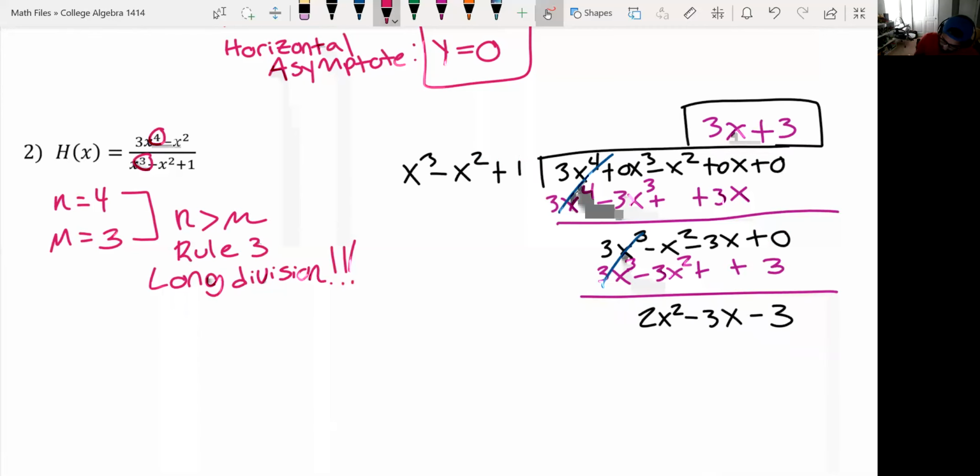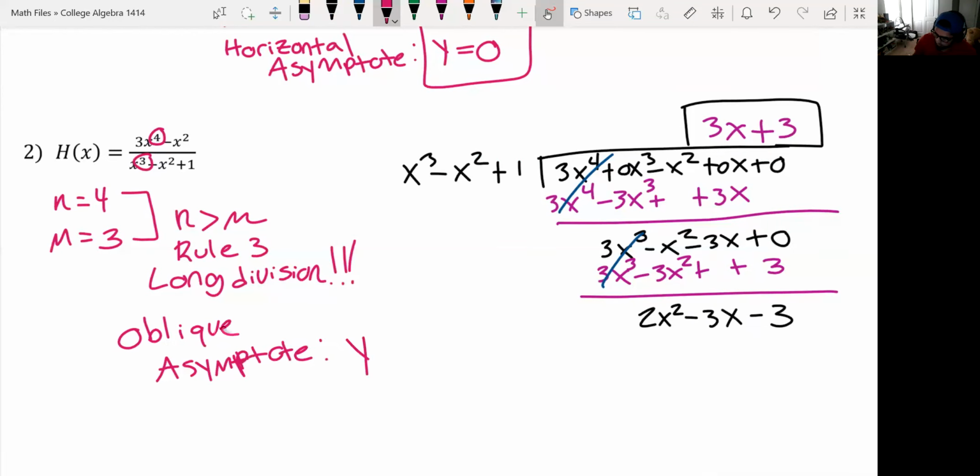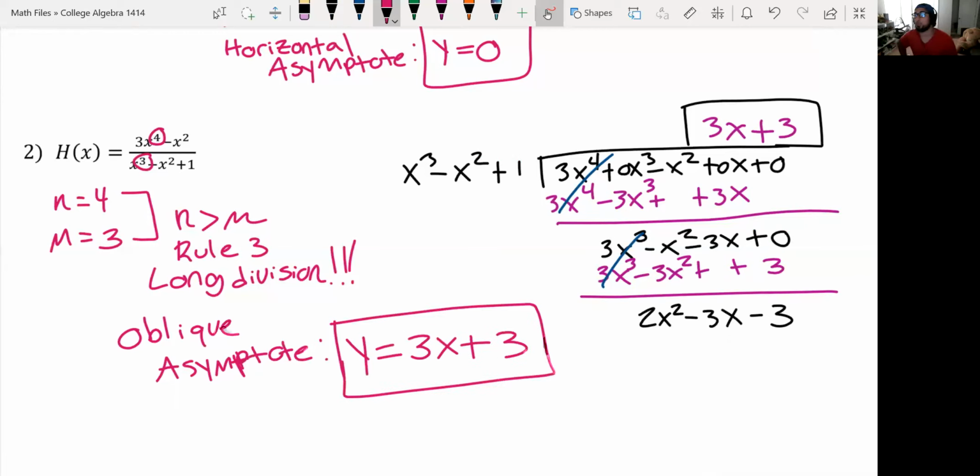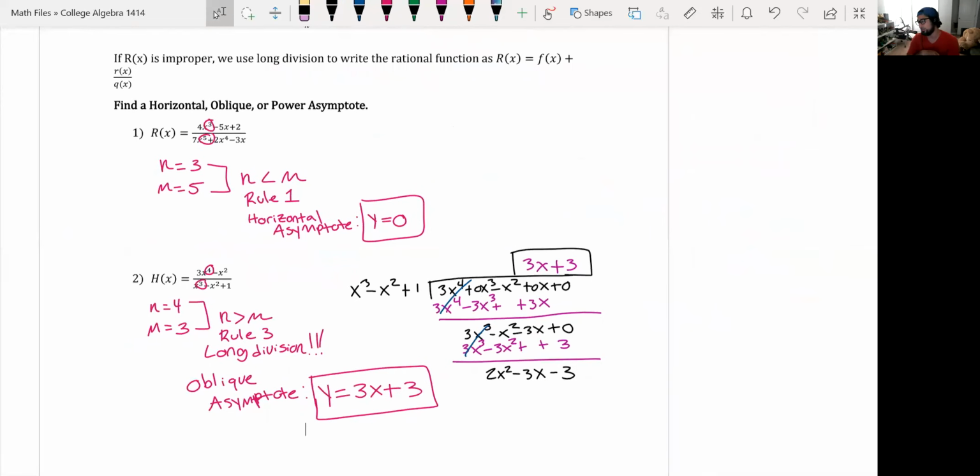So it is y equals 3x plus 3. There you go. That's your oblique asymptote. Rule 3 is the worst, but it's a good thing we know long division. Hopefully.